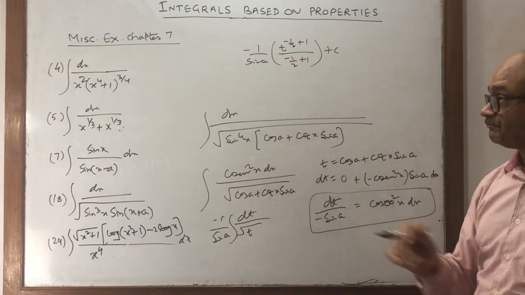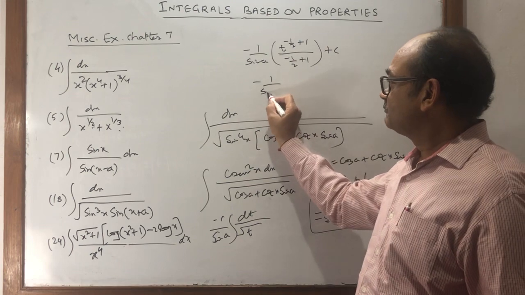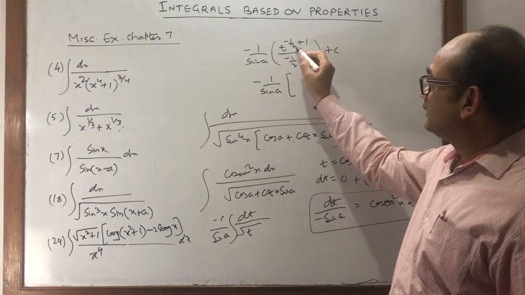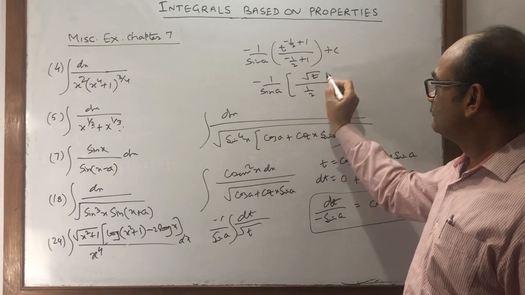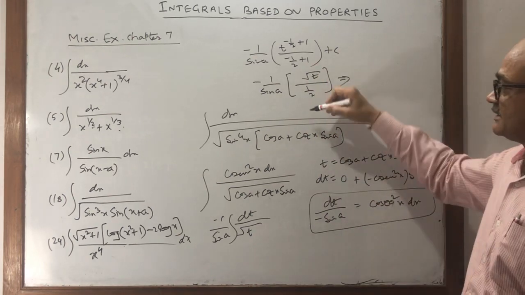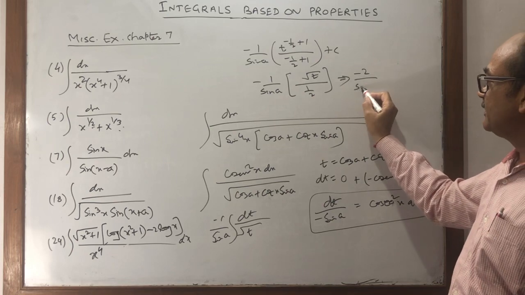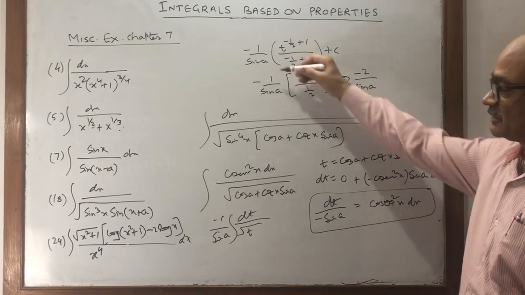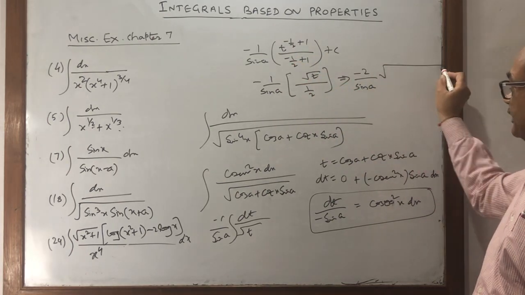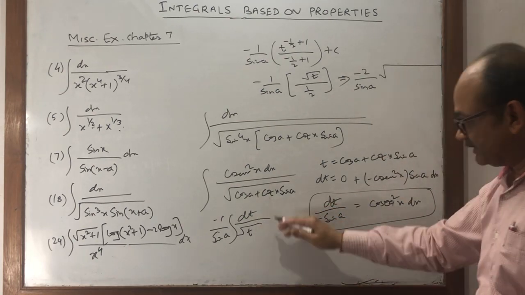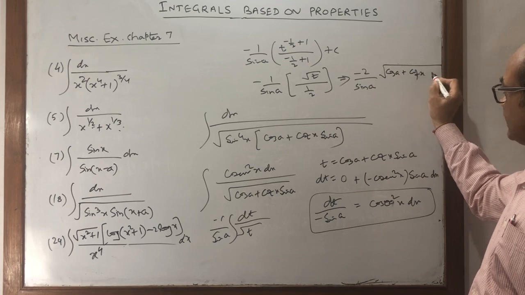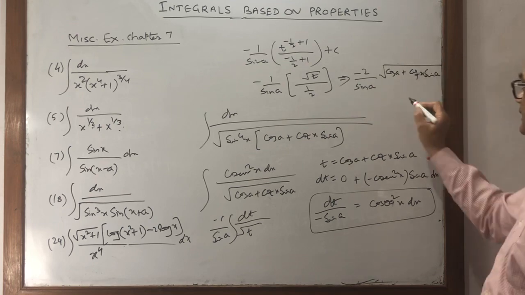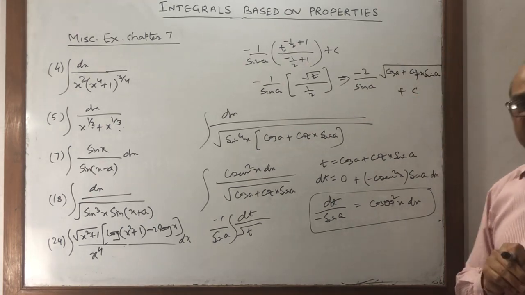So finally minus 1 upon sin a, and this will be t to power half, and this will be only half. So the final answer is minus 2 upon sin a under root t, and t is nothing but cos a plus cot x sin a.